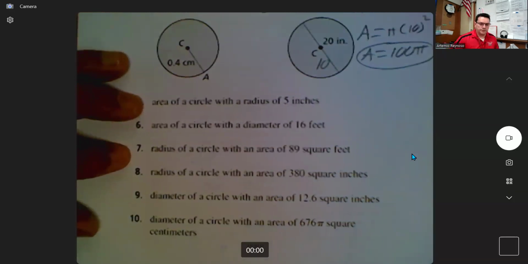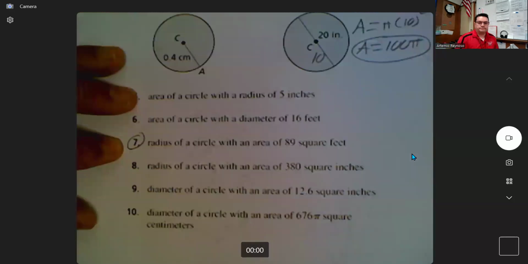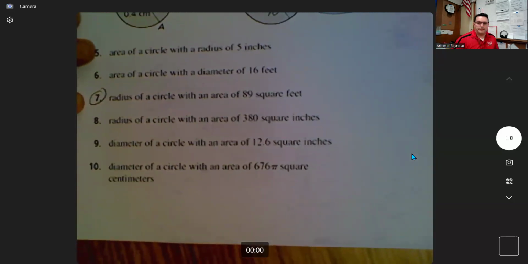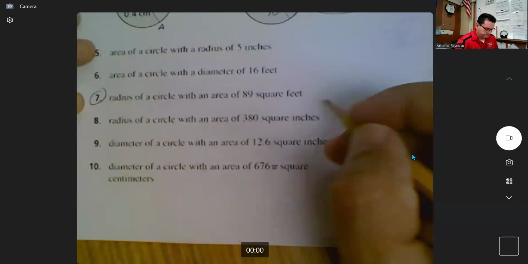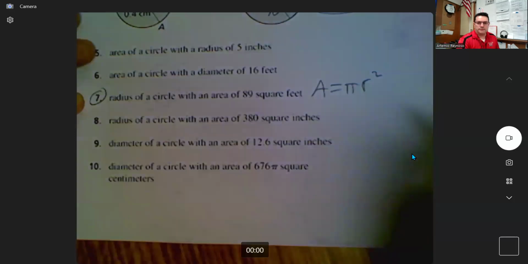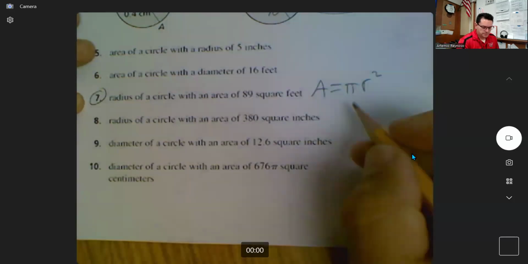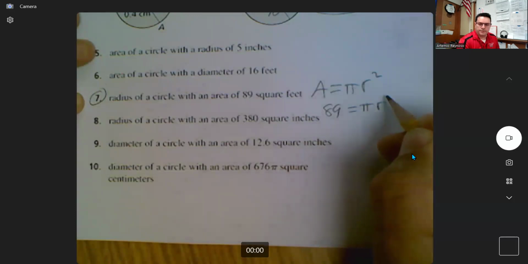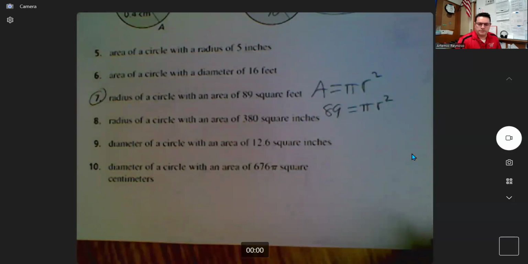Now, let's work number 7. It's a good one. On number 7, the radius of the circle with area 89 square feet. Area equals pi r squared. Now the area is given, so I get 89 equals pi r squared. On this one, as you can see, we only need to find one variable, which is the radius.